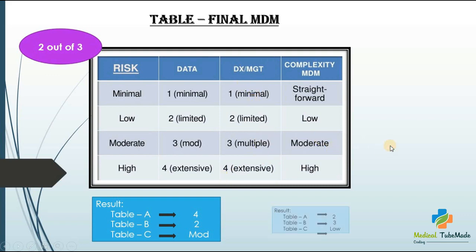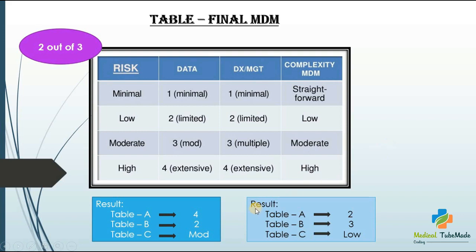I will give one more example to understand well. Here as per this example, table A has 2 points, table B has 3 points and table C is low. So here no chance for high, check for moderate. For moderate only 1 table is supporting, but we need at least 2 tables.